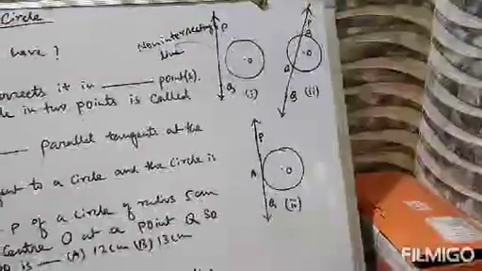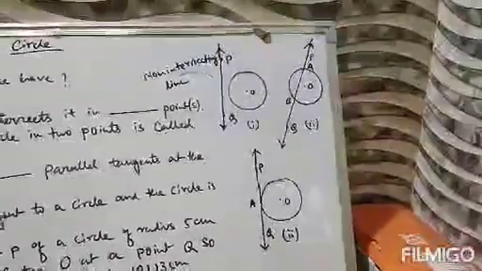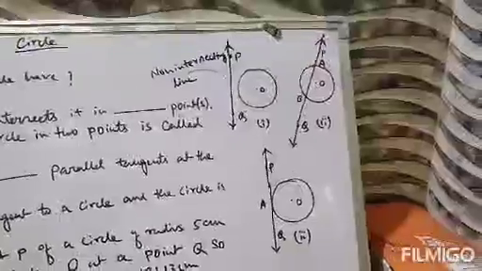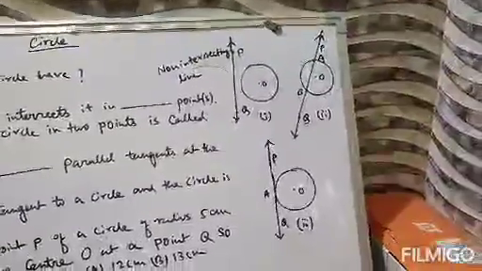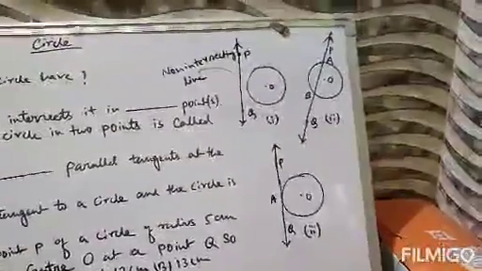In the second figure, there are two common points between line PQ and the circle.